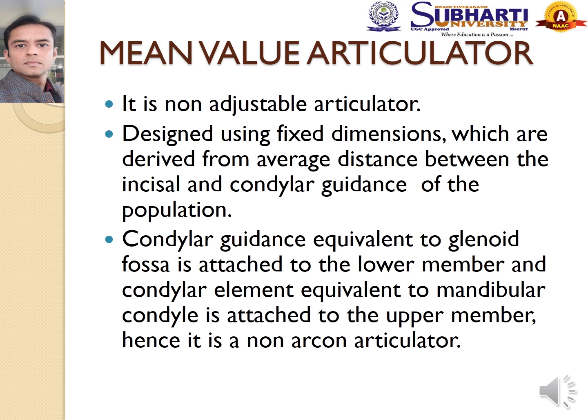Neither the incisal guidance, it cannot be adjusted. Okay, as given in the second point, they are designed by using fixed dimensions which are derived from average distance between the incisal and the condylar guidance of the population. We have taken n number of people, say 100, 200, 500.